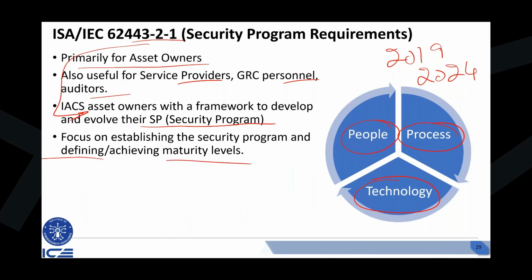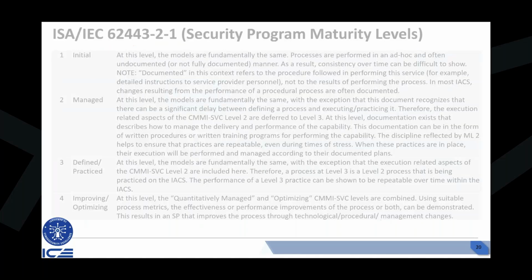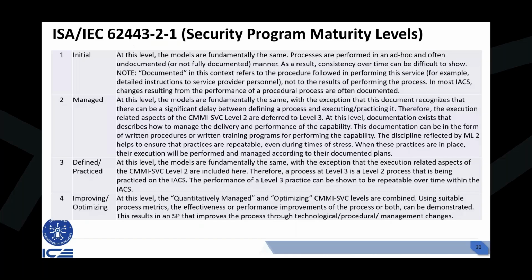So let's look at a little bit more detail into this maturity level part, what this means, and we'll have a little bit of a view of the security program elements as well. So ISA, basically, has taken the concept of maturity level from CMMI, which is an established maturity model for defining the requirements of maturity levels as well as to track the level of implementation.